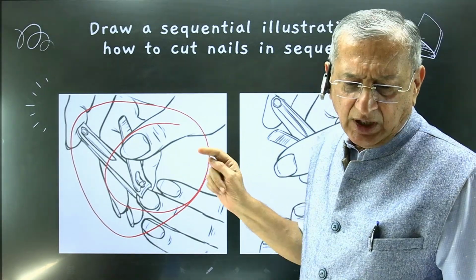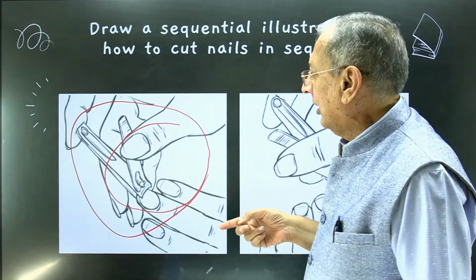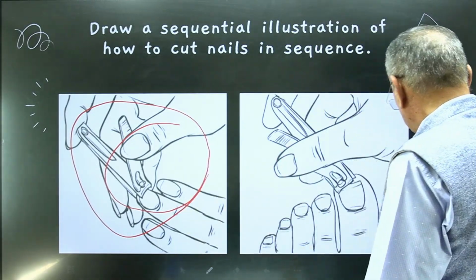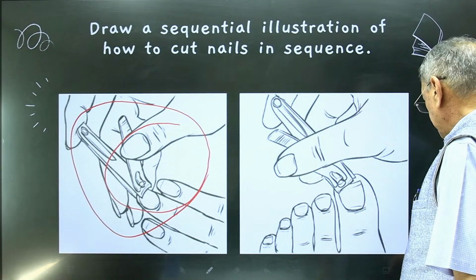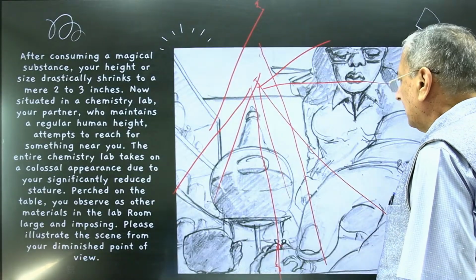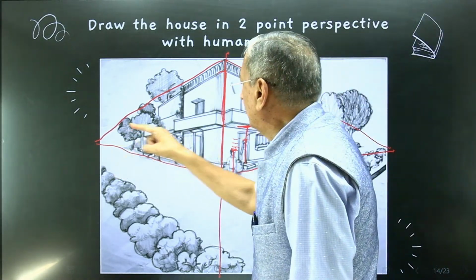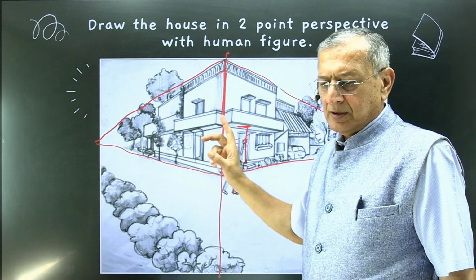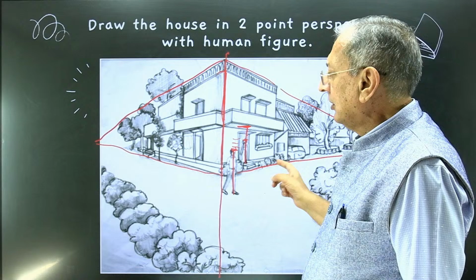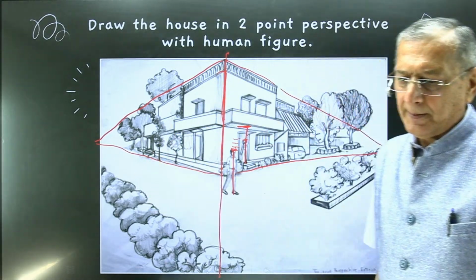Rutuja is asking, sir, how does the examiner judge our perspective drawing? You retrace your perspective drawing the same way to where we started. If you have used those lines, if you have used a vanishing point, they try to judge it with the parallel lines that you have drawn.